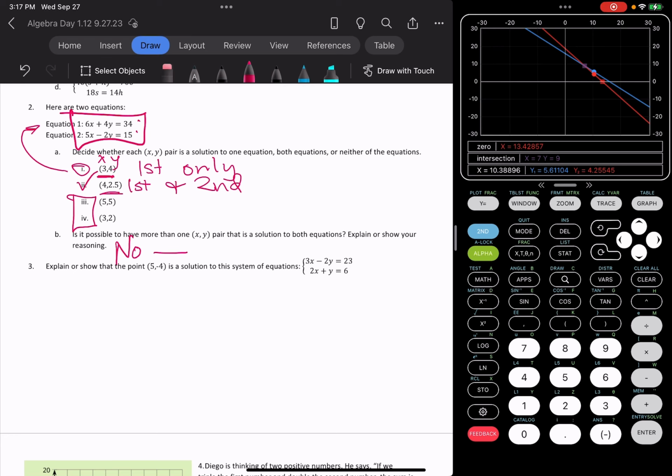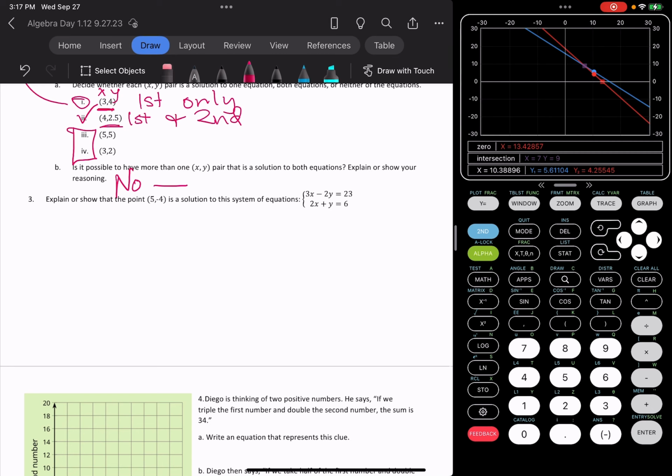Okay? All right. Number 3 says, explain or show that the point (5, -4) is a solution to the system of equations. So to prove this, we're going to plug in 5 and -4 for x and y in both equations. So 3 times 5 minus 2 times -4 equals 23. We get 15.